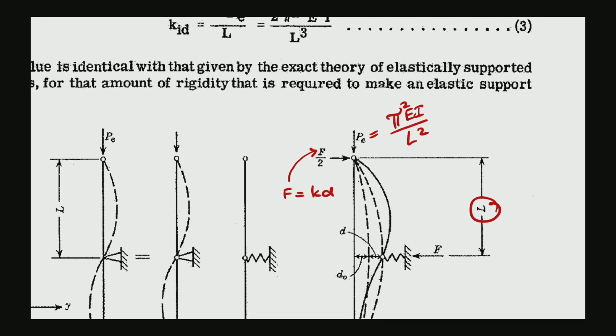The original d naught is not contributing. This is the initial out of straightness, so it does not contribute to the bracing force because the brace has not been active at that moment yet, and this is the initial condition of your column. But only the deformation d, which is the extra from the d naught, from this configuration to there, is then used for the spring force calculation.